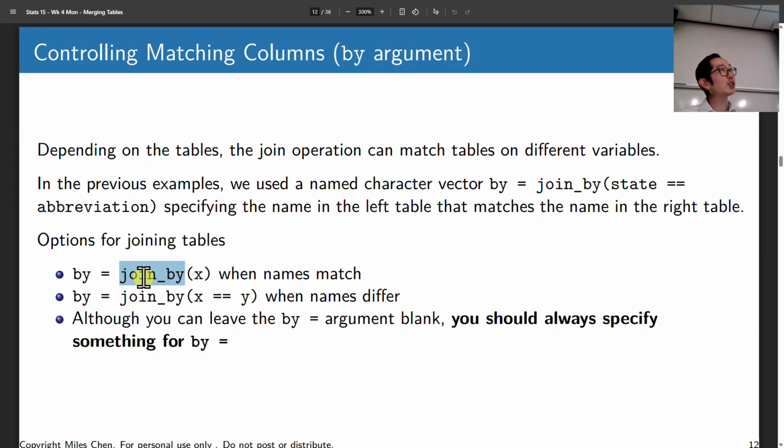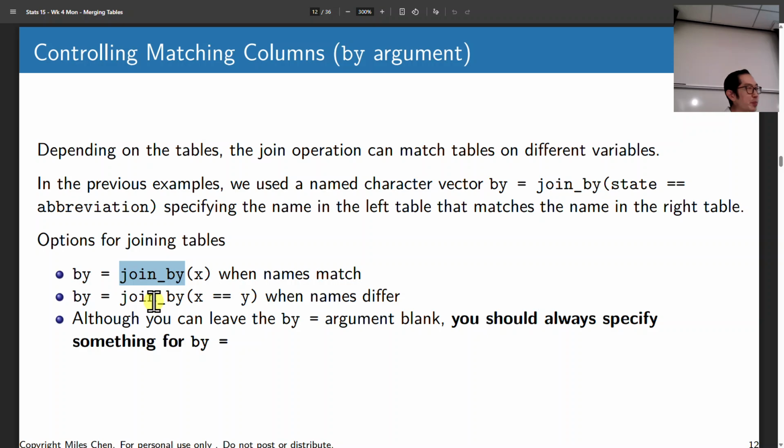This join_by function, I don't want to say it's always required. If you read someone else's code, you might just see by equals x, and not by equals join_by x. You might also see a slightly different format, where it's by equals and then a vector, x equals y or something like that.